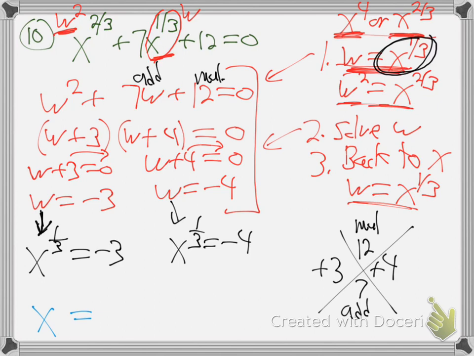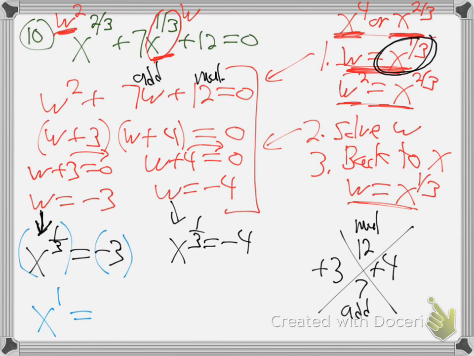I mean, what power is really on regular x? 1, huh? So in other words, we want to take that 1/3 power and somehow make it into 1, because x to the 1 is regular x. That's our goal, find regular x. So we got to get rid of that 1/3 power or change that 1/3 power to become a 1. Well, how do you do that? How do you make that become a 1?